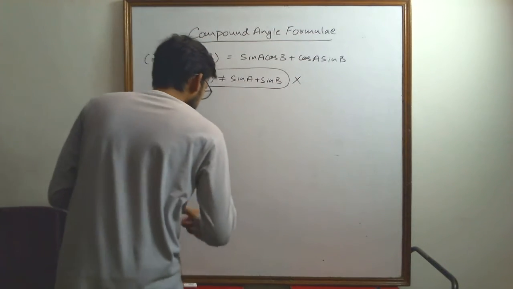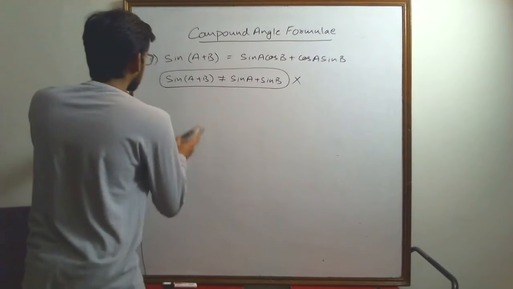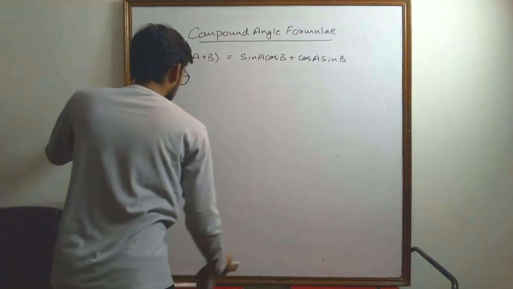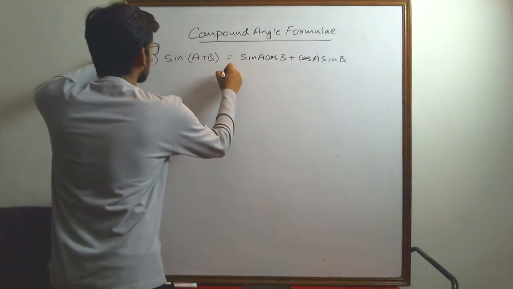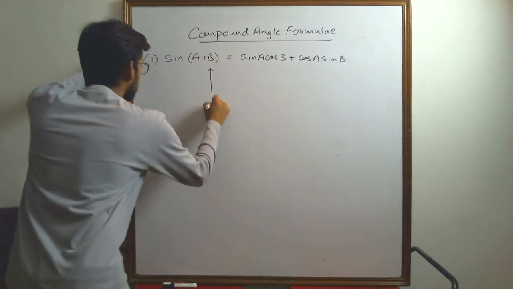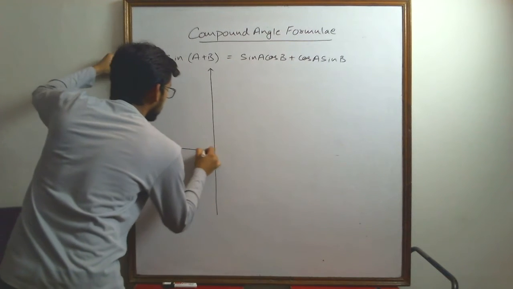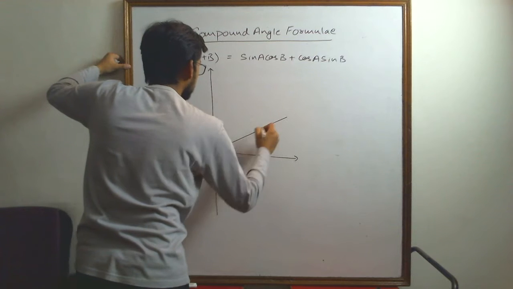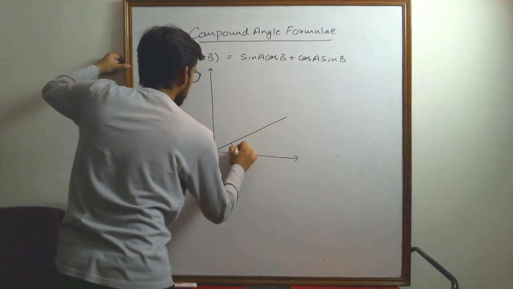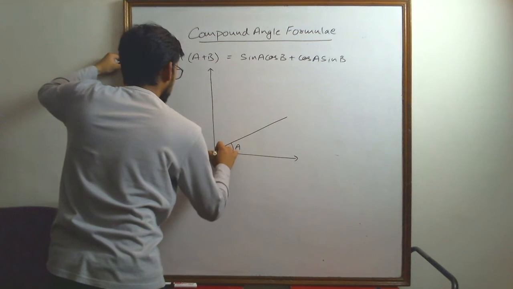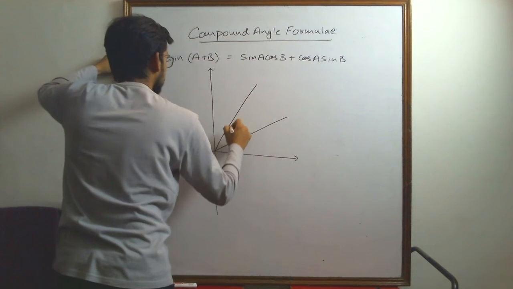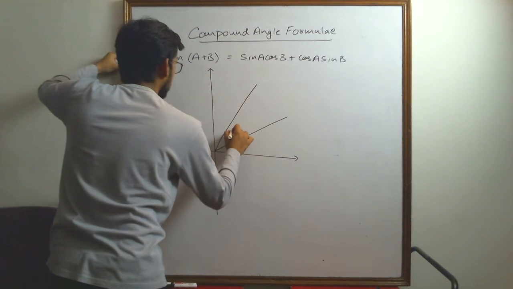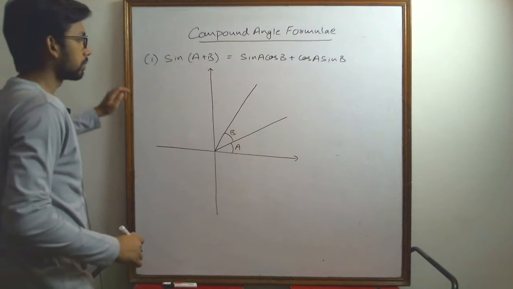For that, I'll be taking a coordinate plane. On a coordinate plane, make an angle A like this and an angle B after A like this, and make two rays on these angles.